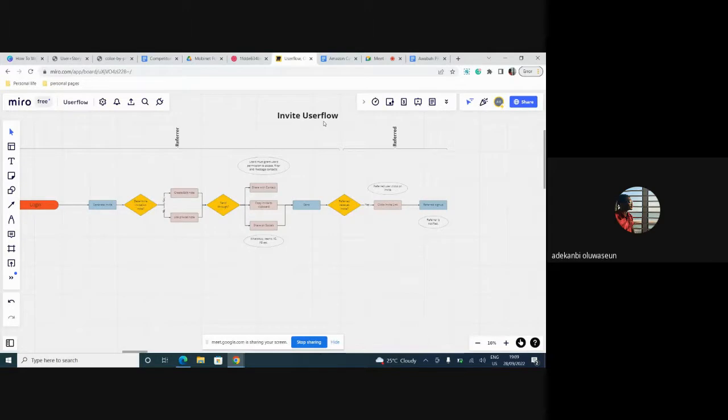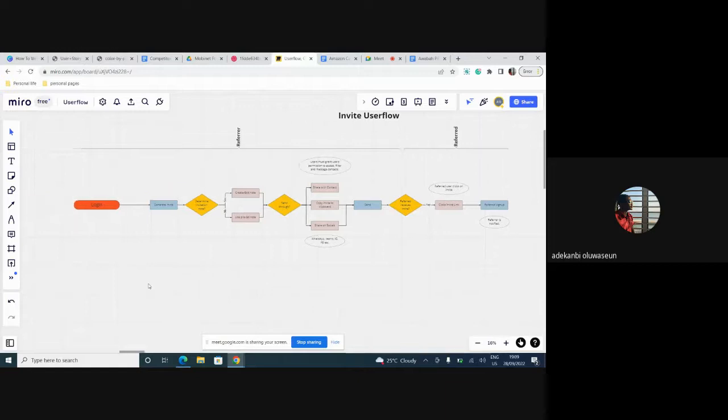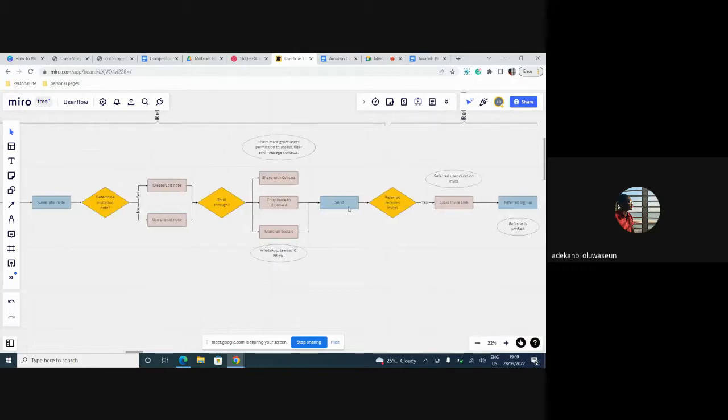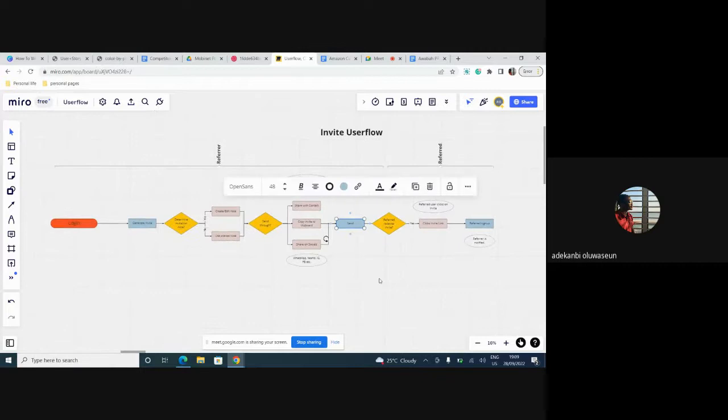It means that as a user, I must be able to invite my friends to use my mobile application, right? That's the major user story. Now, the sub-user story is that as a user, I must be able to generate invites, right? Another sub-user story is that as a user, I must be able to send the invite, you actually have to send it before the person can receive it, right?